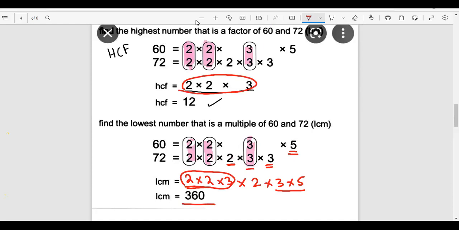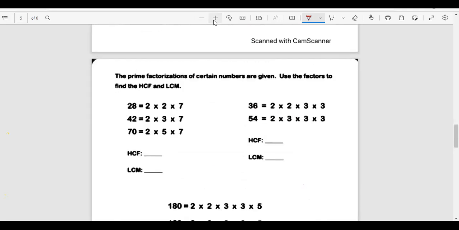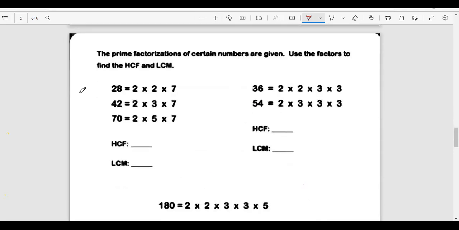ओके, वेरी गुड. अच्छा, लेट्स टॉक अबाउट, ओके, हियर वी हैव सम क्वेश्चंस. Let's try doing them. Acha, the prime factorizations of certain numbers are given. Use the factors to find the HCF and LCM.